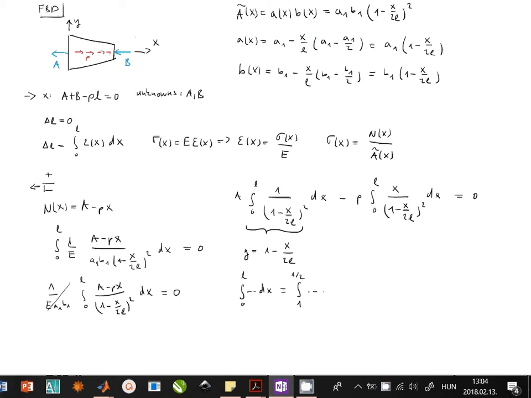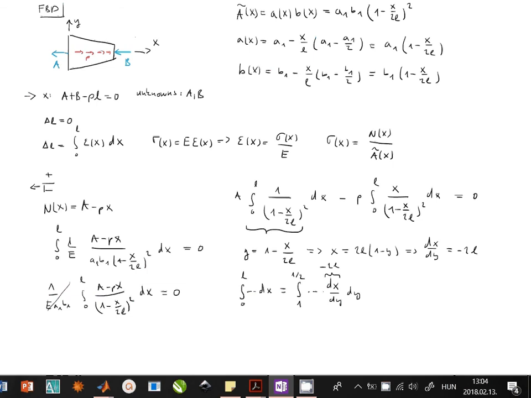And then, instead of dx, we must write dx over dy times dy due to the substitution. So we have to compute dx over dy. We can do that if we express x from this upper equation. It will be 2L times 1 minus y. So from here we get dx over dy equals minus 2L.